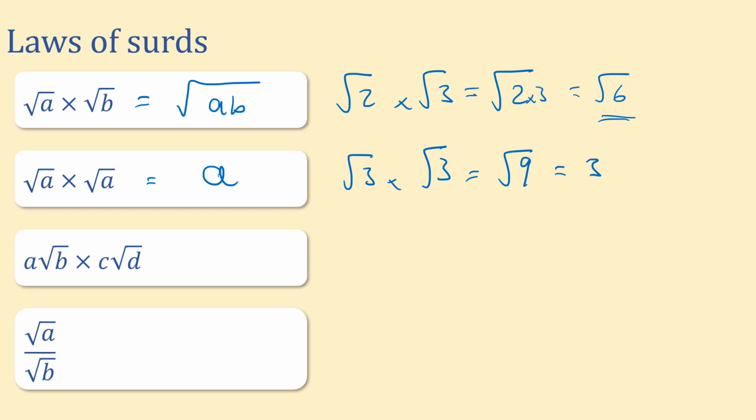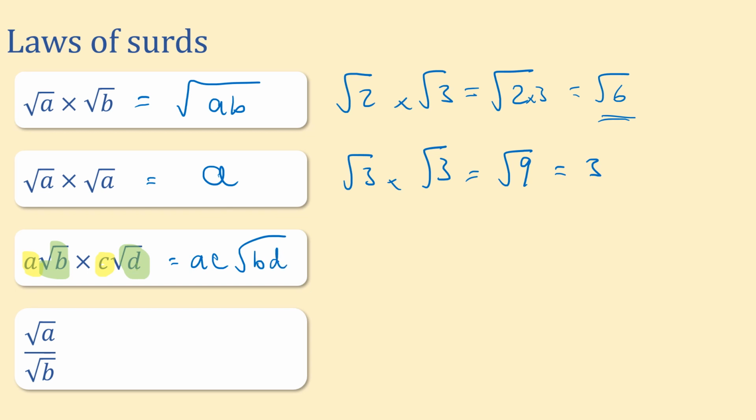If I'm doing a root b multiplied by c root d, I worry first about the whole number parts out the front, so a times c is ac. Now I worry about the surd. Let's do root b times root d. I know what happens with that from the first rule: the square root of b times the square root of d is the square root of bd.